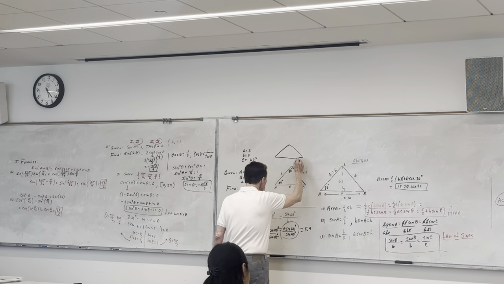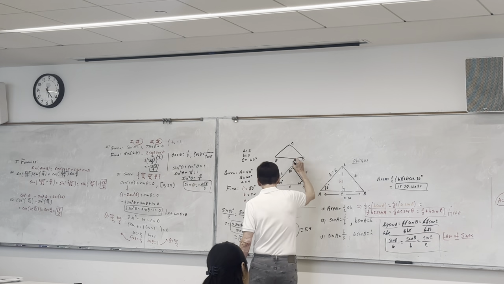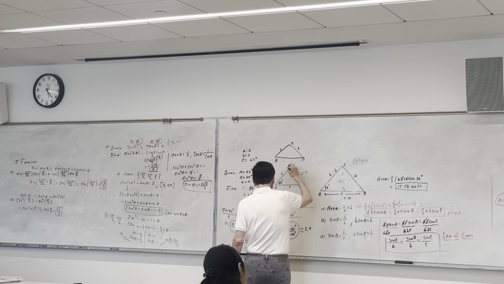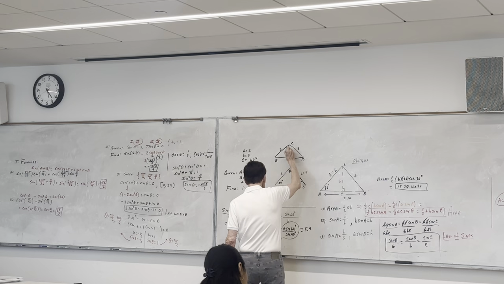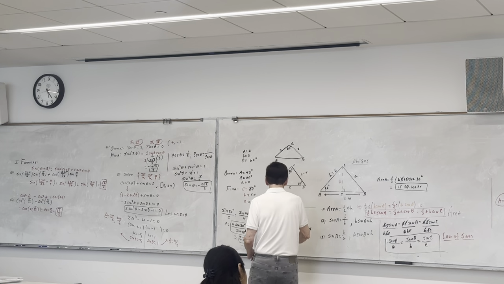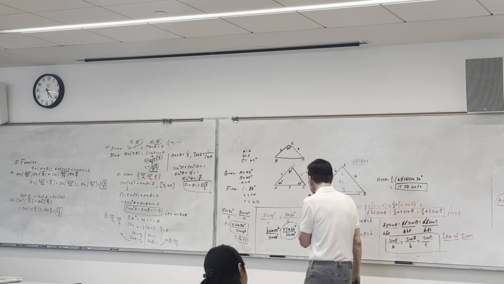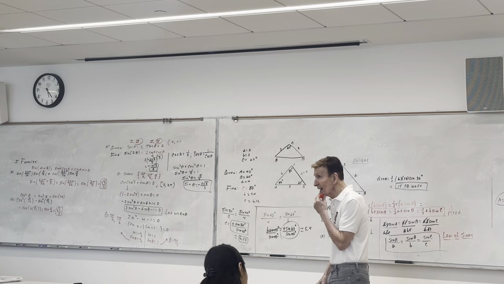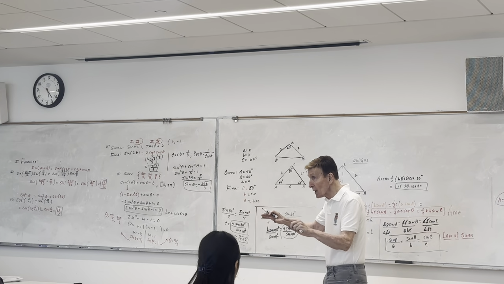I told you how you label this. A is 2, that's over here. B is 3, that's over here. And this is 60 degrees. The angle falls right between those two sides, right? And they want you to find all the missing parts.